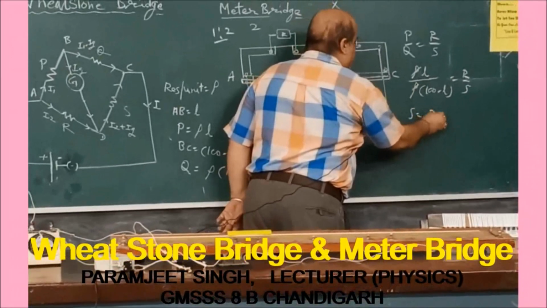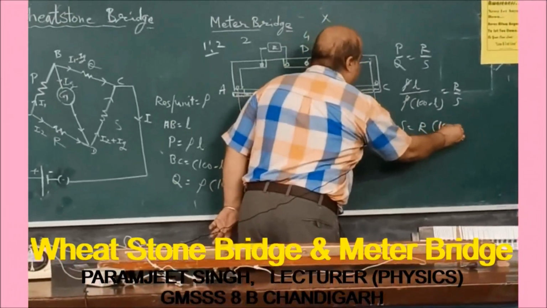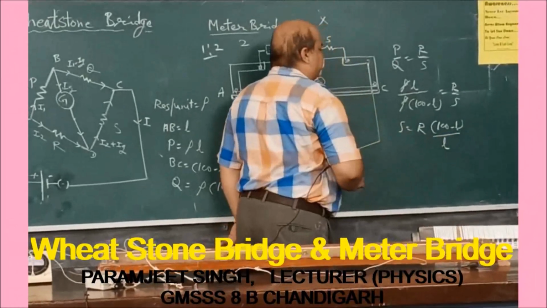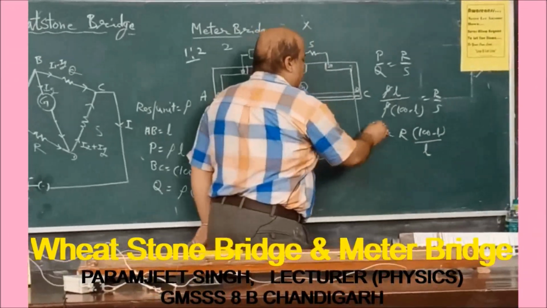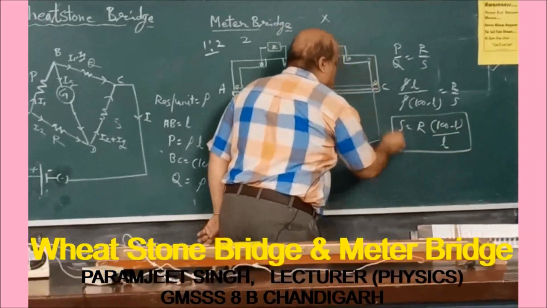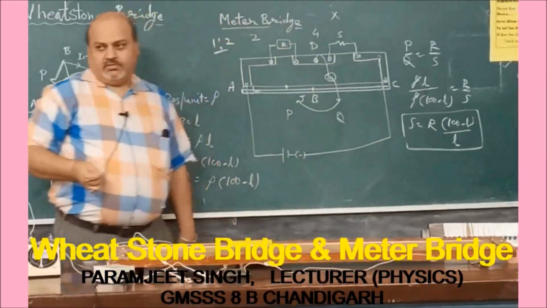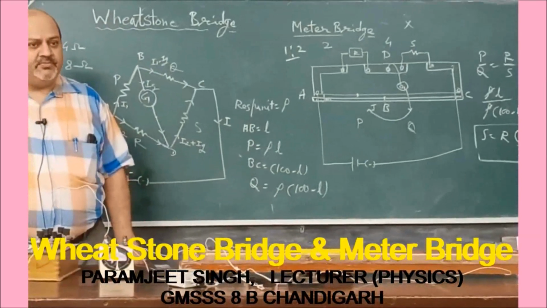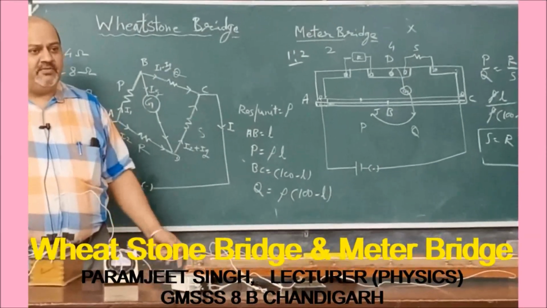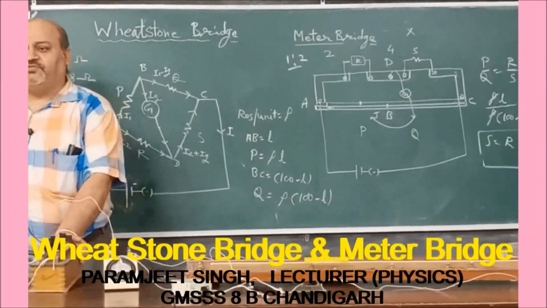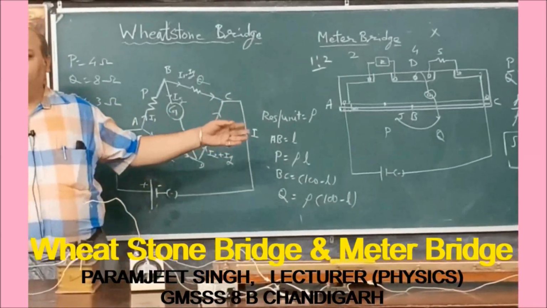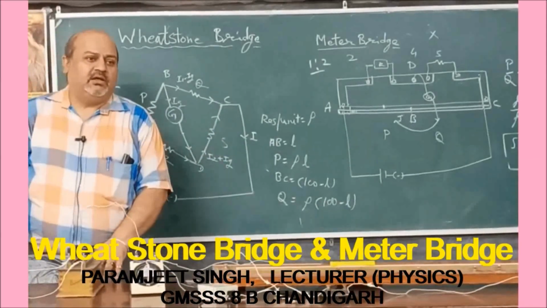S is equal to R into 100 minus L divided by L. We know R and L from the practical experiment. While performing, we have noted this R from the resistance box and L from the scale. Put the values, you will get the unknown resistance.